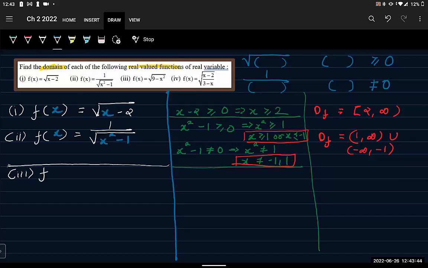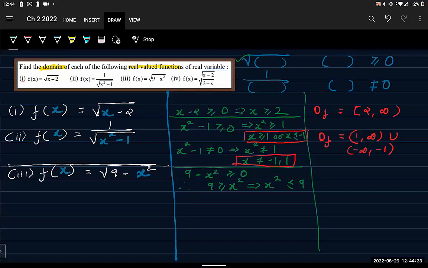Now let us check our third function. f of x is equals to under root of 9 minus x square. So here 9 minus x square must be greater than equals to 0. We just have one condition and that is that of the root. So 9 minus x square must be greater than equals to 0, which says 9 must be greater than equals to x square, which says x square must be less than equals to 9.